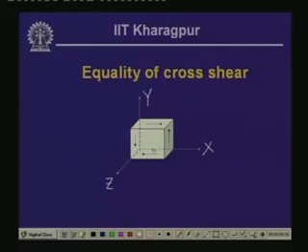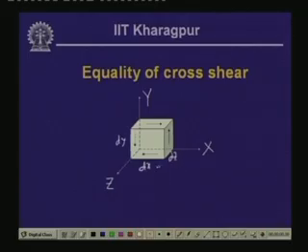Now, if we take the moment of all the forces, let us assume that the distance at a particular point in the body is dx, the vertical height being dy, and along z direction the width being dz.